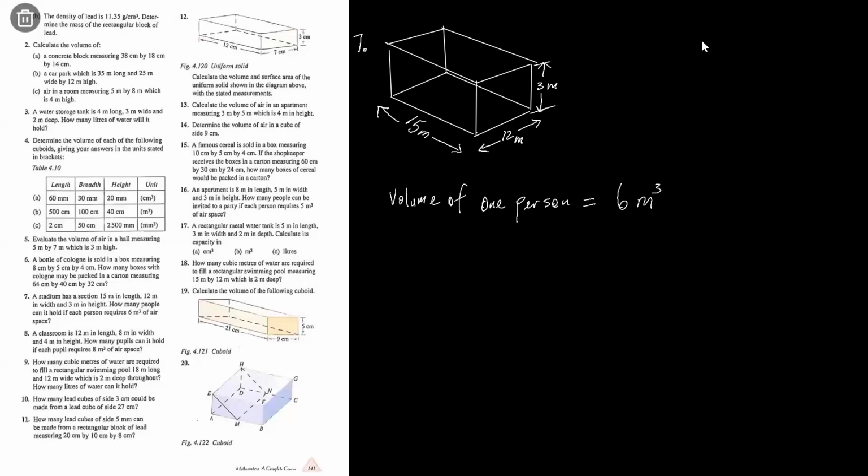I don't know if Johansi is still here. Yes, sir. Johansi? Yes, sir. All right. So tell me, what should I do, Johansi? How to work this out? Tell me what to do. You have a stadium 15 by 12 by 3.